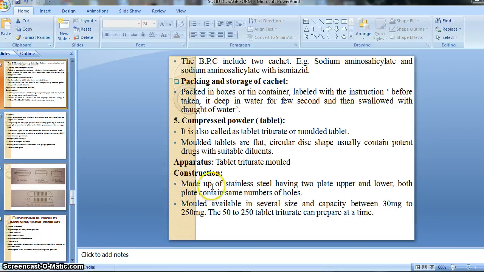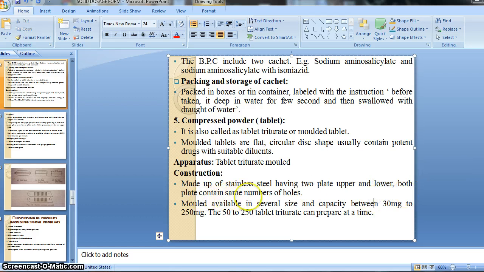Actually the apparatus is made up of stainless steel, which is one kind of steel, and it has two plates, an upper plate and a lower plate, right?